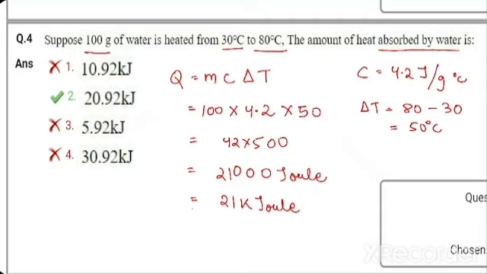So approximately option 2, 20.92 kilojoule, we are getting 21 kilojoule, and the correct option is 20.92 kilojoule.